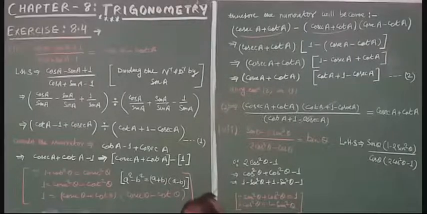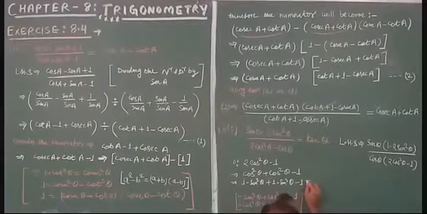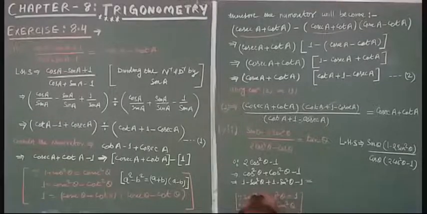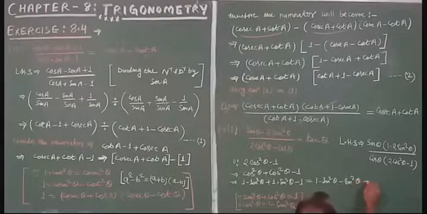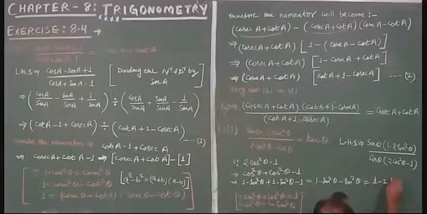This 1 and 1 will be cancelled out, and you will get 1 minus sin square theta or minus sin square theta, and this is what? 1 minus 2 sin square theta.